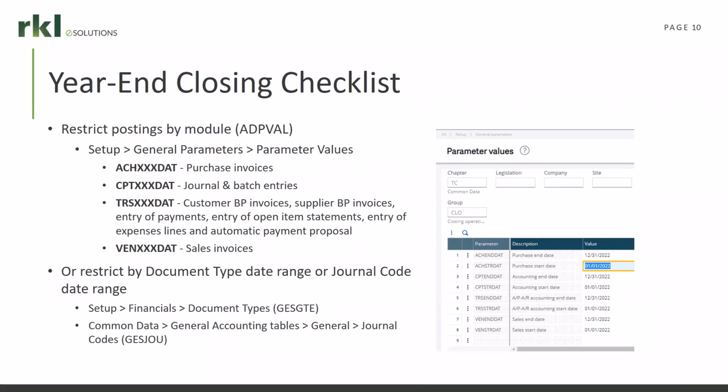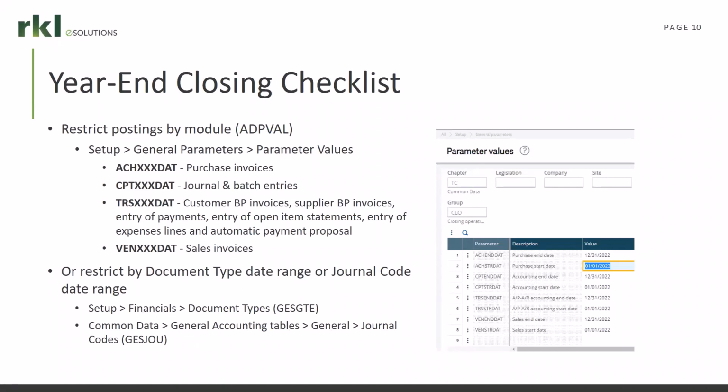There's 4 general parameters that can be set up in the areas of purchase invoices, journal entries, BP invoices, payments, open item statements, payment proposals and such, also sales invoices. And you can set these parameters, date parameters, to prevent those entries.